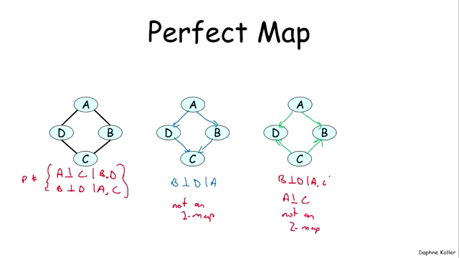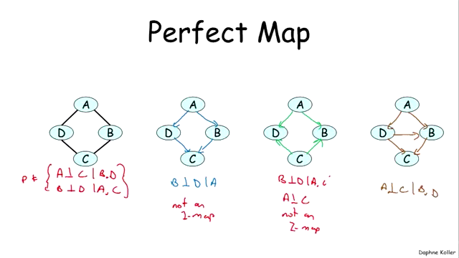What is an IMAP for this distribution as a directed graph? Well, one possible IMAP for this distribution as a directed graph, there's several, is this one. And you can confirm that this graph implies that A is independent of C given B and D. And that's it in terms of independencies.